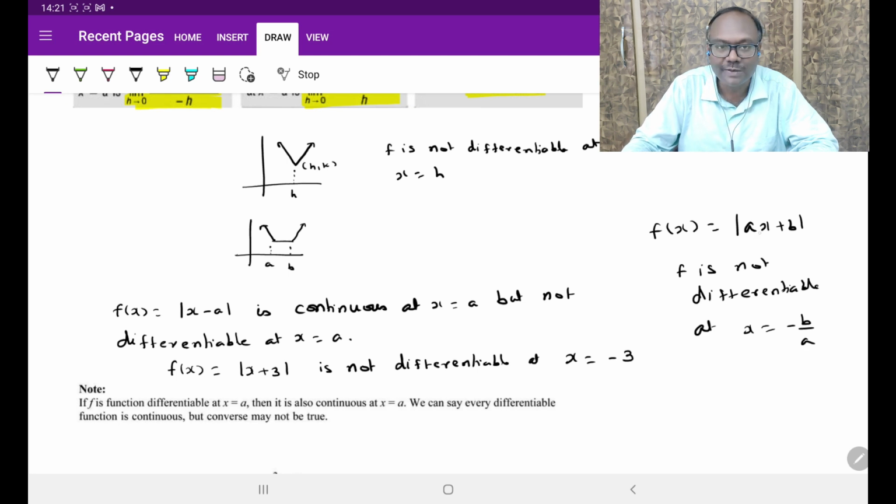That means on putting ax plus b to 0, I get x equal to minus b by a. This function is not differentiable at minus b by a, though it is continuous at x equal to minus b by a. So please make a note of this.